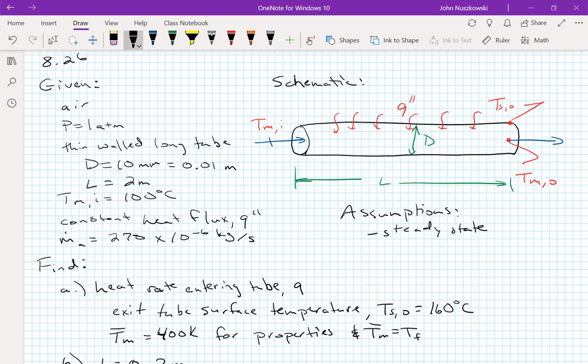Okay, so if we're looking at this, we're looking for part A, this heat rate entering the tube. Where do we begin? COE, conservation of energy, okay.